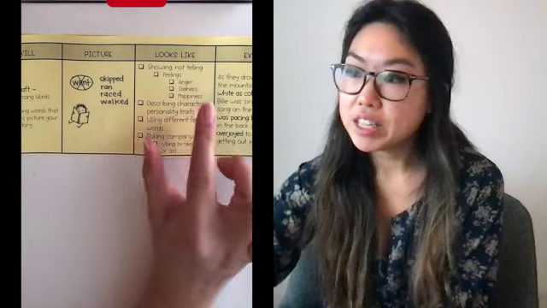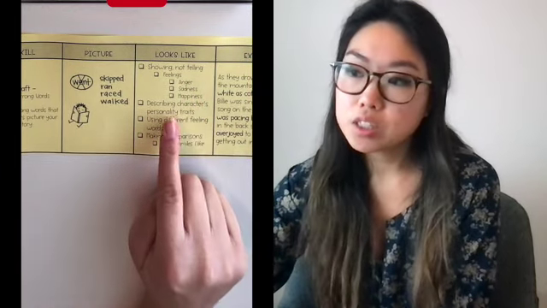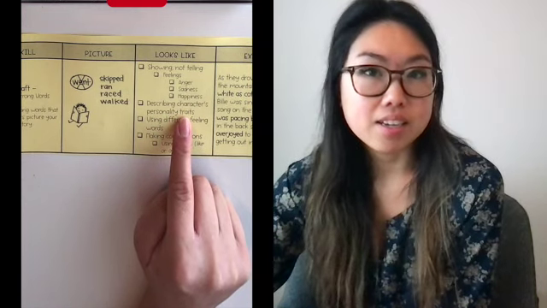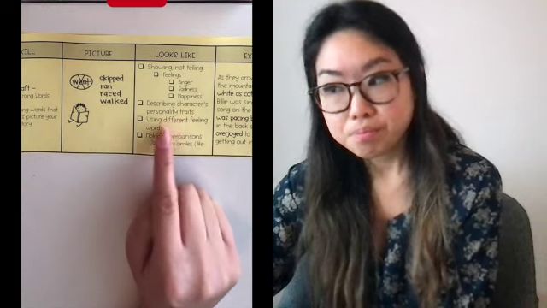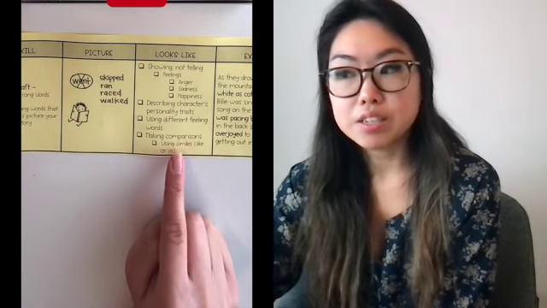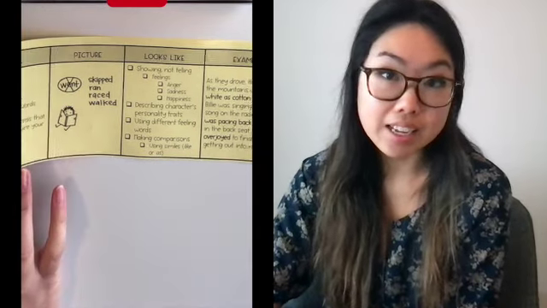So you can think about feelings like anger, sadness, or happiness. You could be describing the character's personality traits. What is the character like? How do you know? You could be using different feeling words or making comparisons, like using similes, using the words like or as to compare two unlike things.